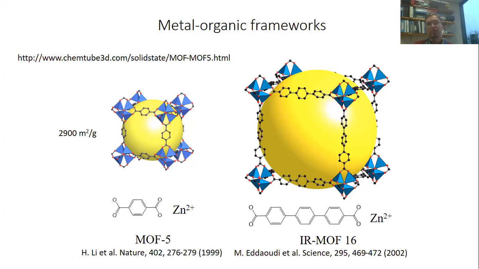And using that concept of isoreticular chemistry, we can extend basically then also metal organic frameworks from the micropore regime to the mesopore regime. So here the pore is approximately 1.8 nanometers. This pore here is already significantly larger than 2 nanometers. So here we are really already in the mesopore range.